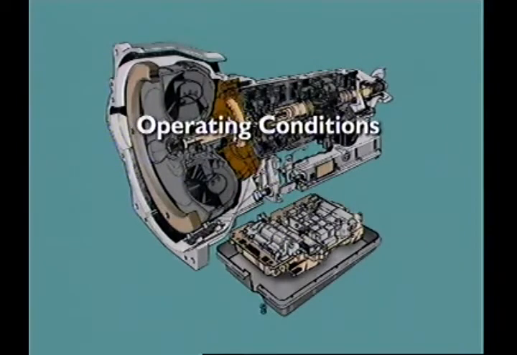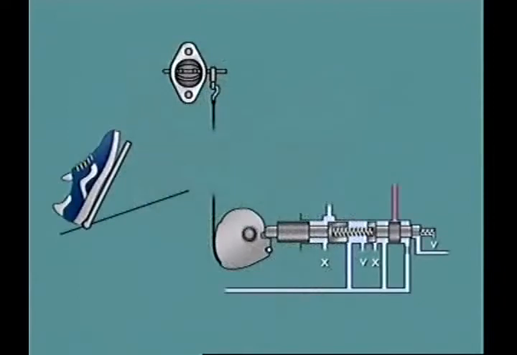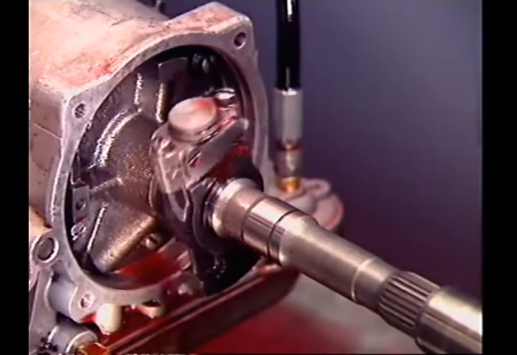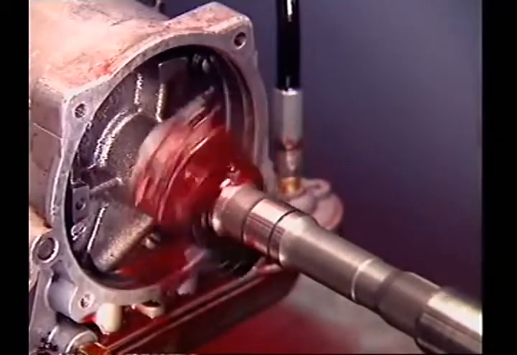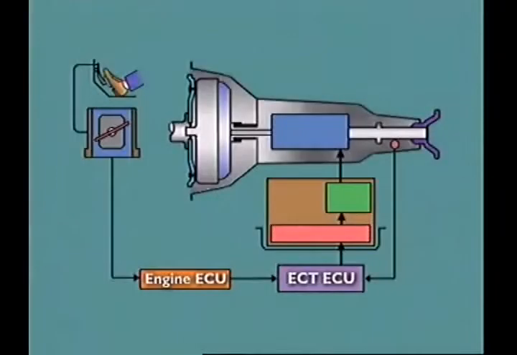These conditions are signaled to the control valves, and 2 inputs are critical: engine load and vehicle speed. The engine load signal can come via a cable connected to the throttle linkage. The speed signal is provided by a governor valve attached to the transmission output shaft.